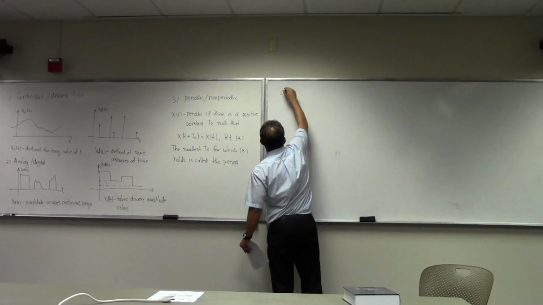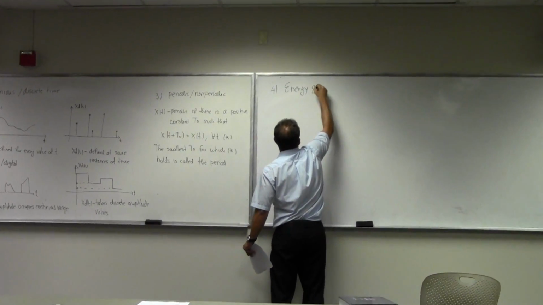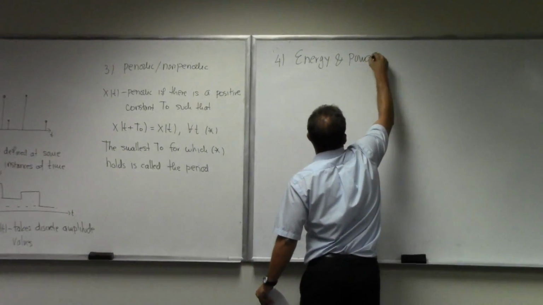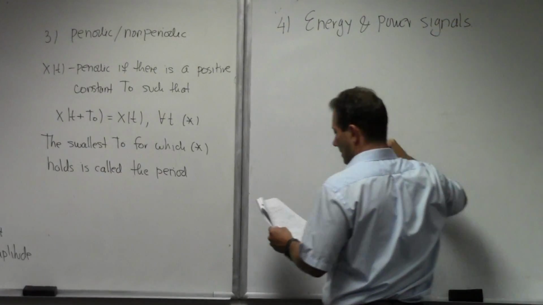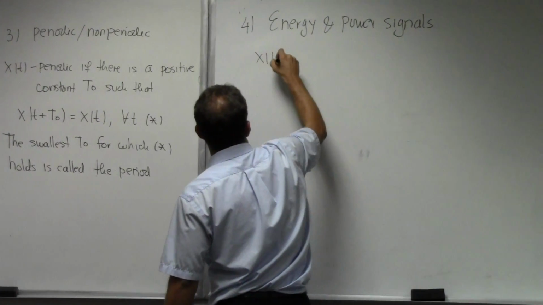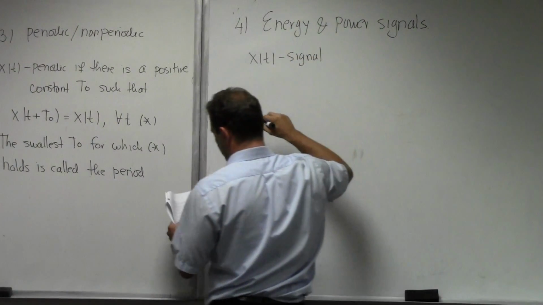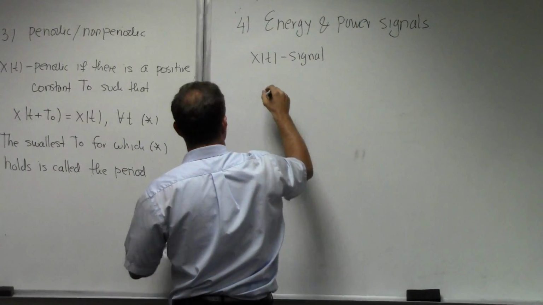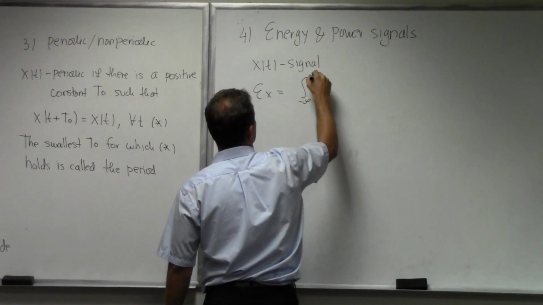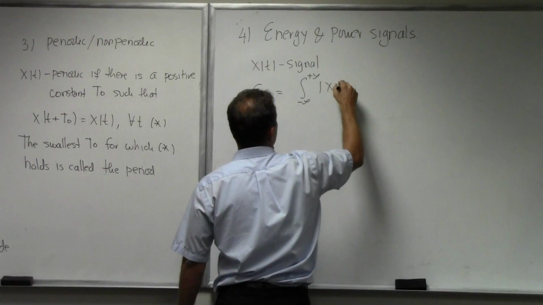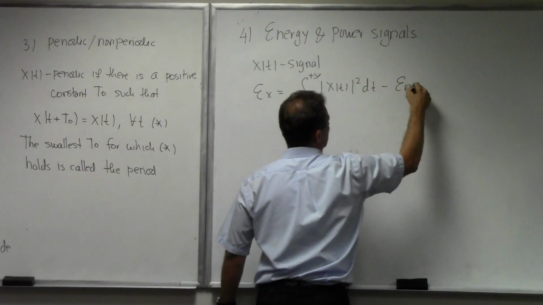Energy and power signals. So x of t is a signal, and we have Ex as the integral from minus infinity to plus infinity of the magnitude of x of t squared dt. This is what we define as energy.